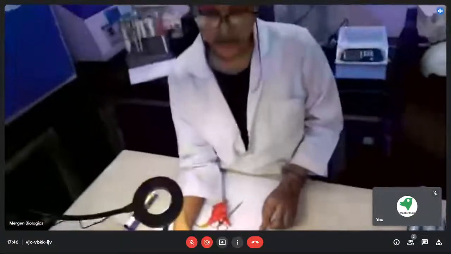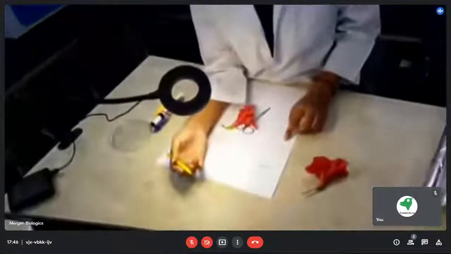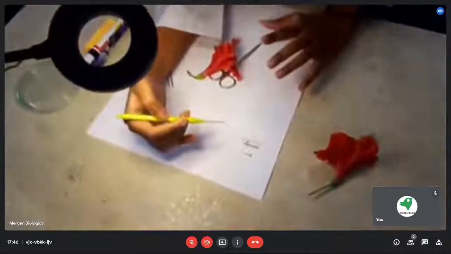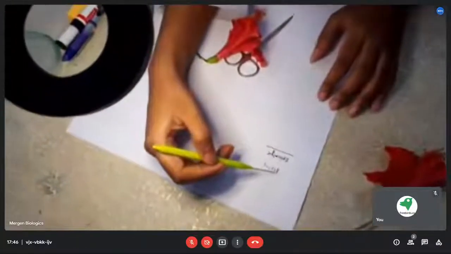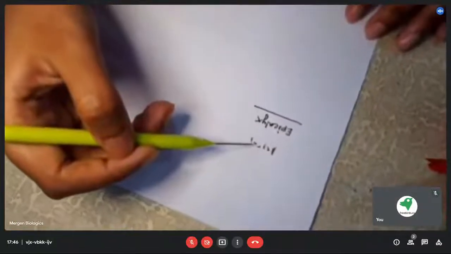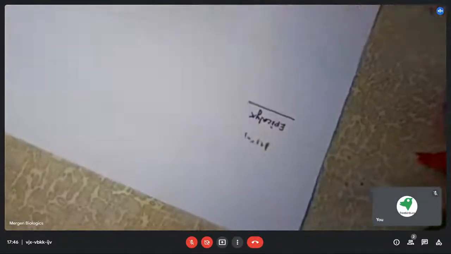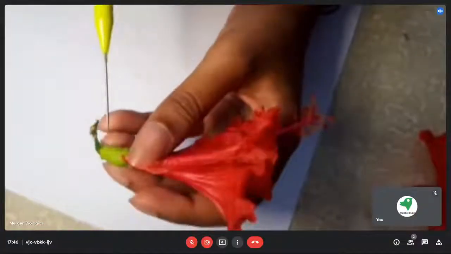We will dissect the epicalyx part. As I have told you earlier, this particular species has 6 epicalyx, and there is 1, 2, 3, 4, 5, 6.